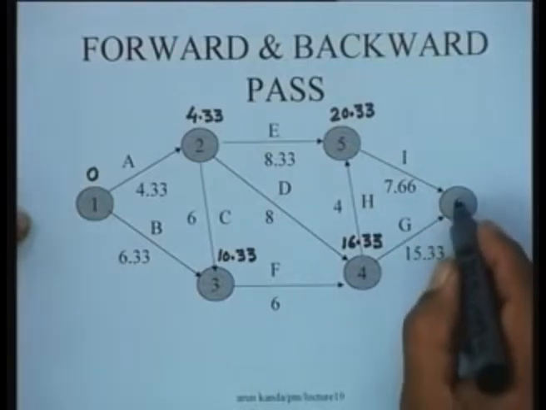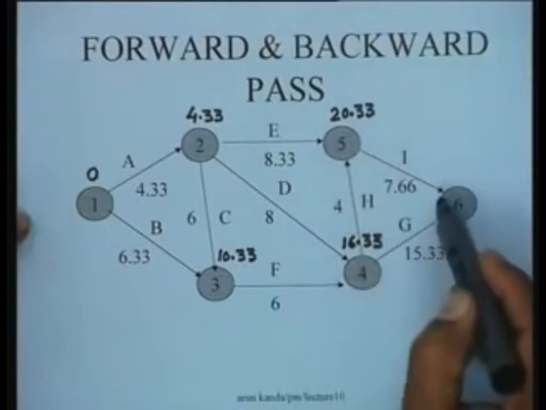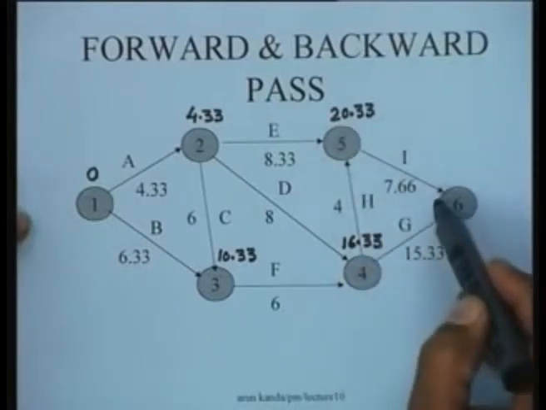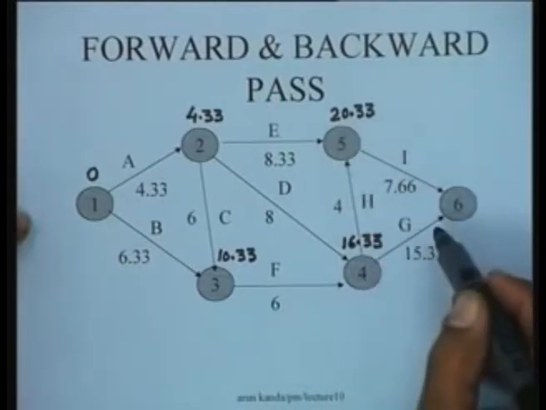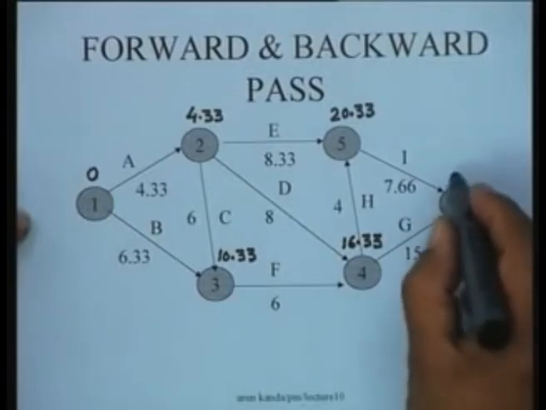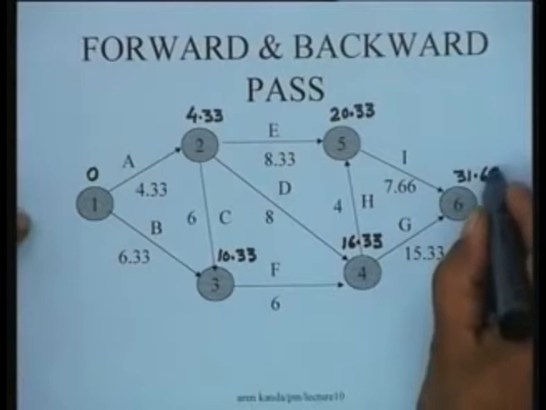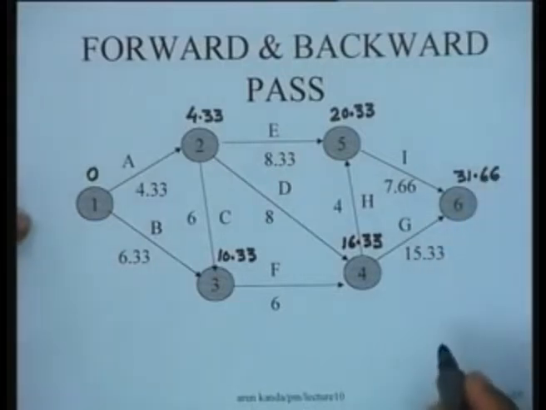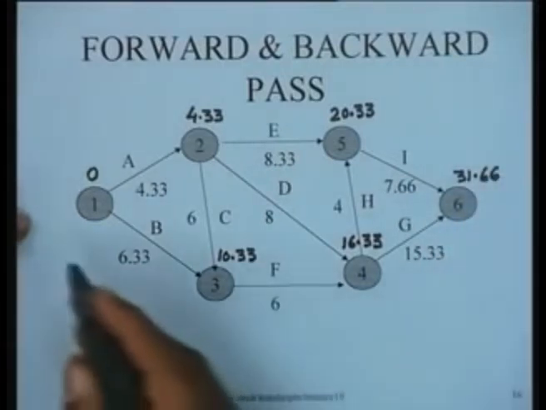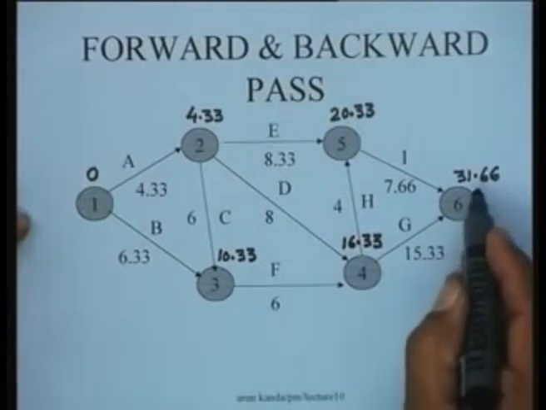And subsequently, when you come to node 6, the values that you will get from this side are something like 28, whereas if you go from here you would get a value of 31.66. So the project expected completion time is 31.66.